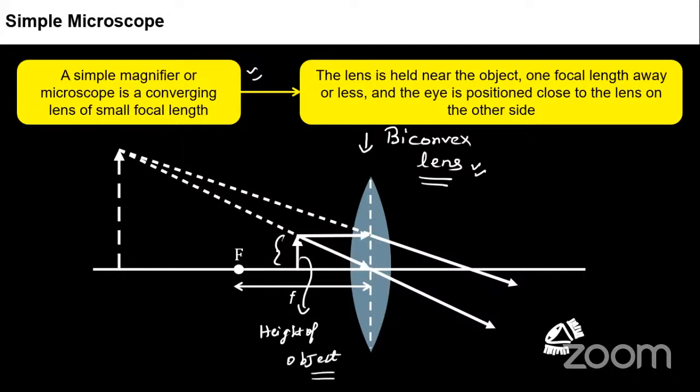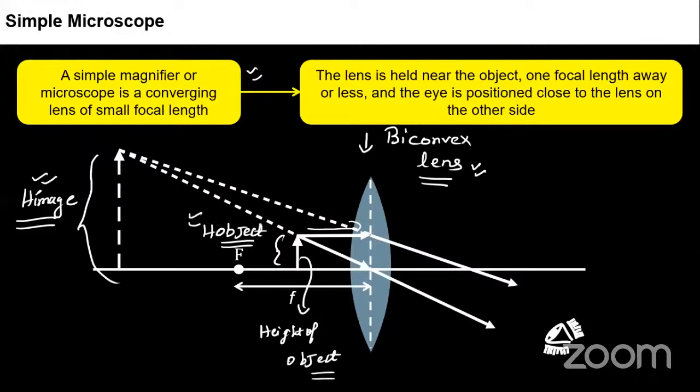When the rays pass from this object like this and are extended back, this will give you the height of the image. You can see here the height of the image is greater than the height of the object.